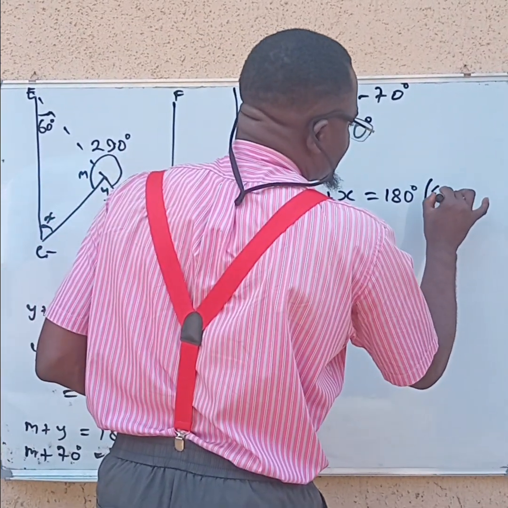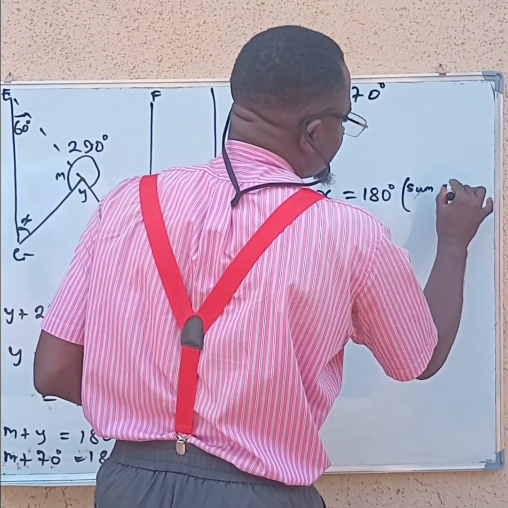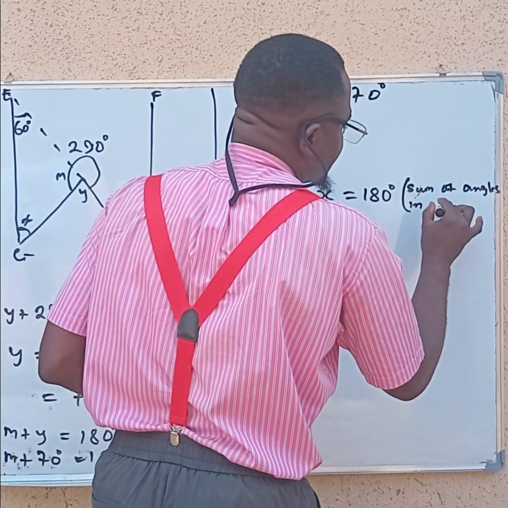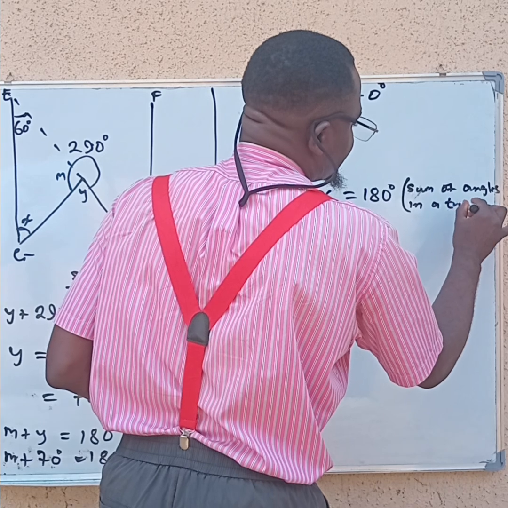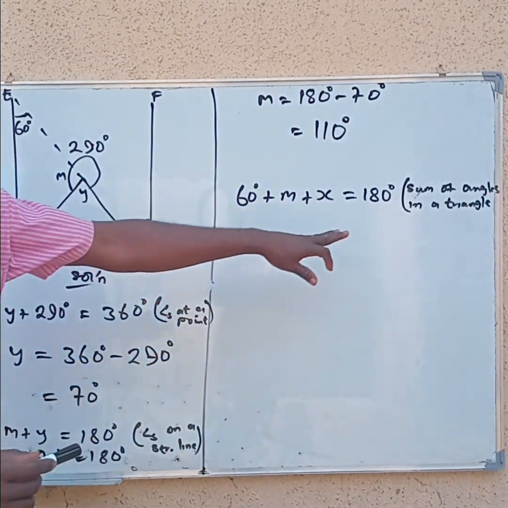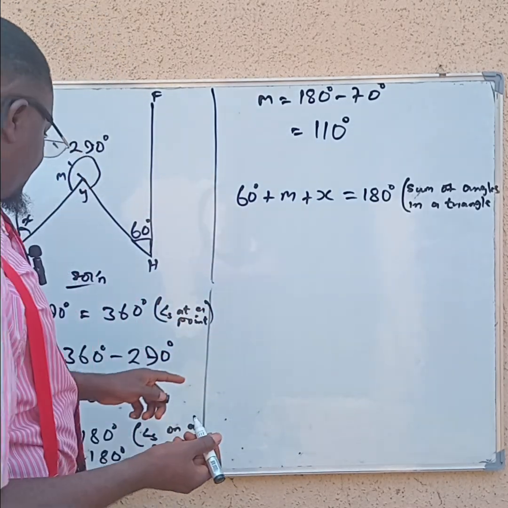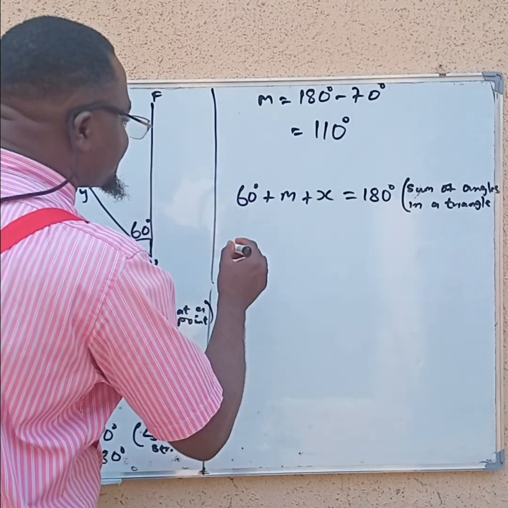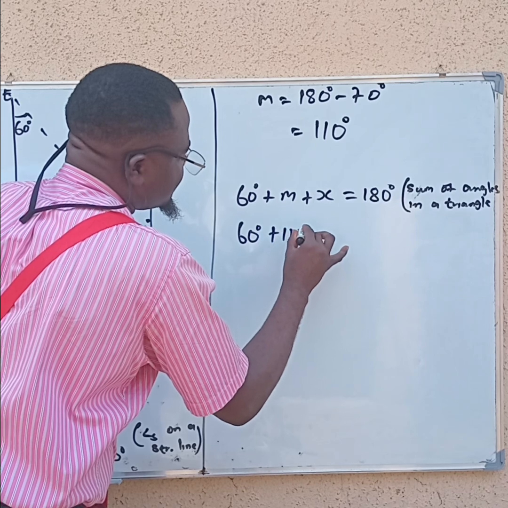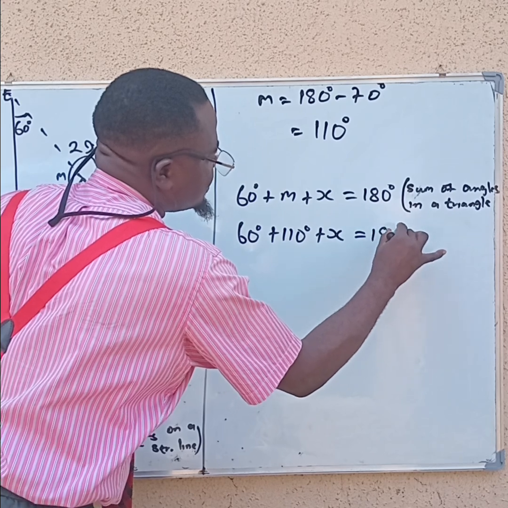The sum of angles in a triangle is 180 degrees. Then my M is 110 degrees. And that's okay: 60 degrees plus 110 degrees plus X is equal to 180 degrees.